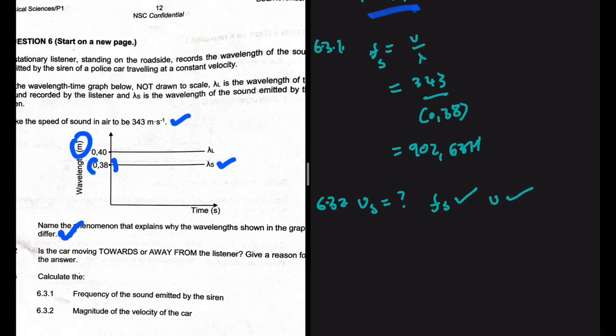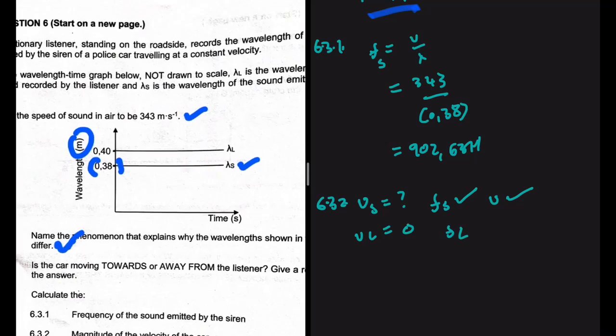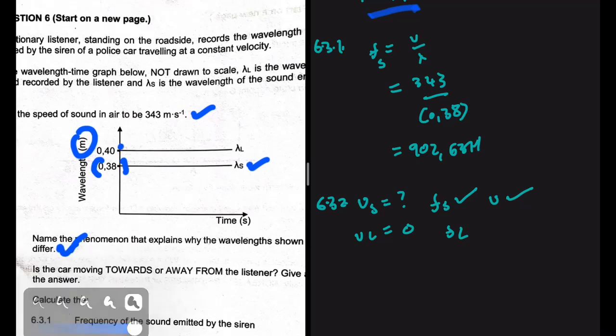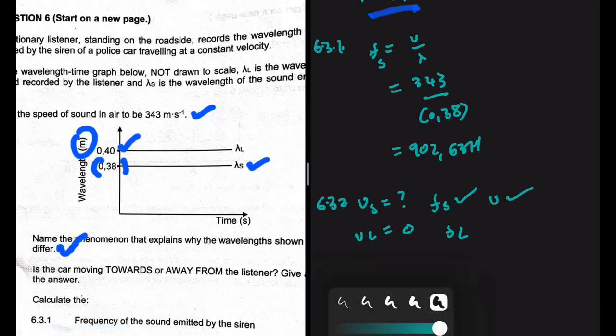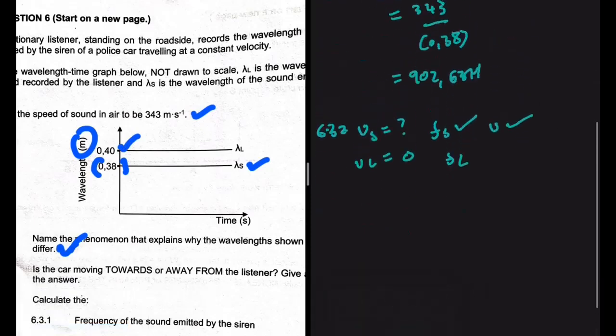So we are looking for Vs. We have VL because the listener is stationary, which is 0. And then what about the frequency observed by the listener? We can calculate that because we are given the wavelength, right? Okay, let's leave that for now, but we can calculate it as we move forward.